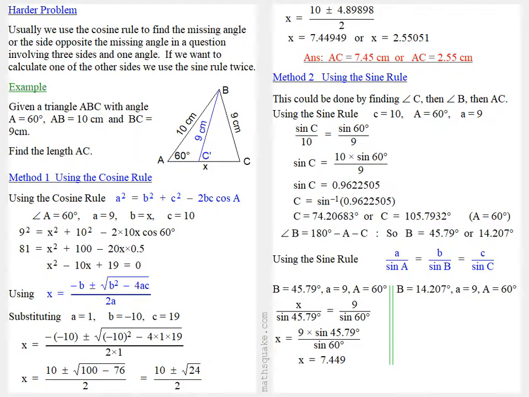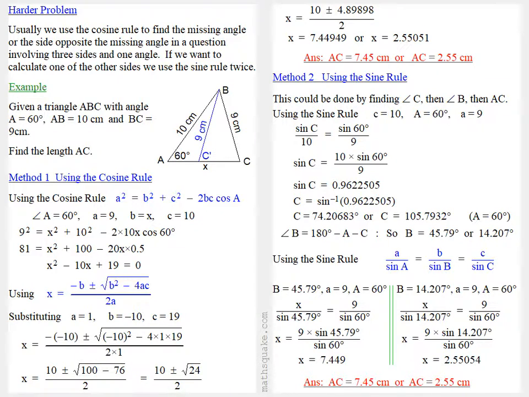If we take B as being 14.207 degrees, then side A is equal to 9 and angle A is equal to 60 degrees. So, x over the sine of 14.207 degrees equals 9 over the sine of 60 degrees, which means x is equal to 9 times the sine of 14.207 over sine of 60, which works out to be 2.55054.